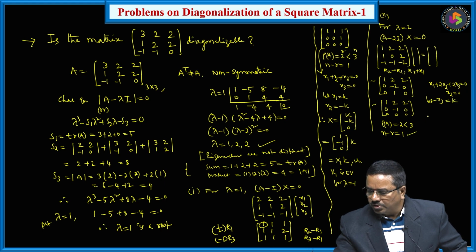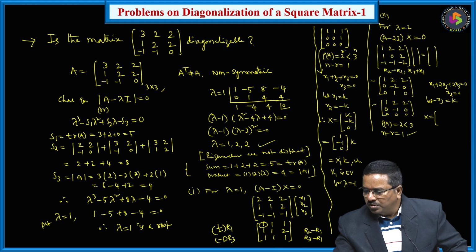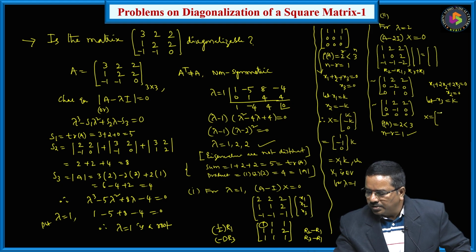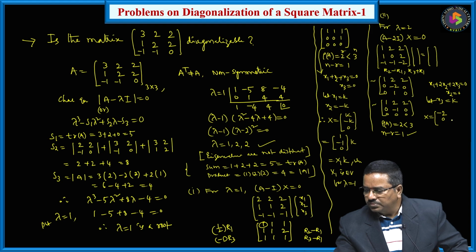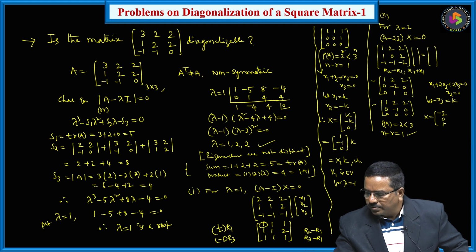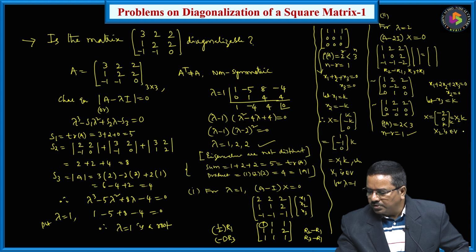So therefore what you will get, x1 is equal to minus 2k, and x2 is 0, x3 is equal to k. So therefore what is x2? k, where x2 is what? Eigenvector for lambda is equal to 2.